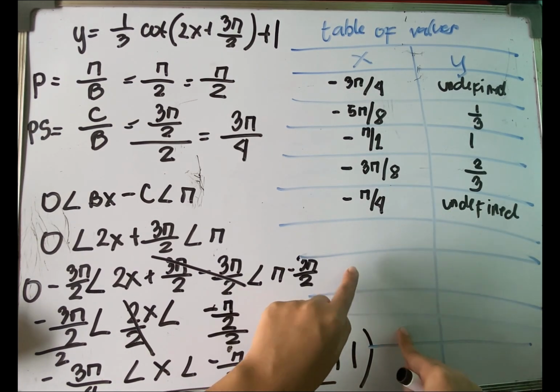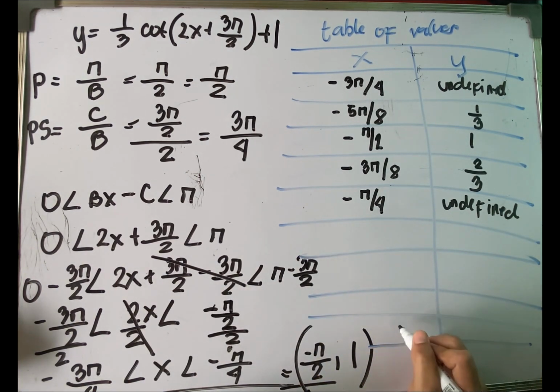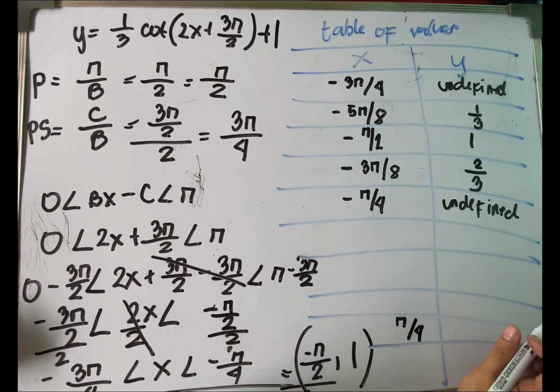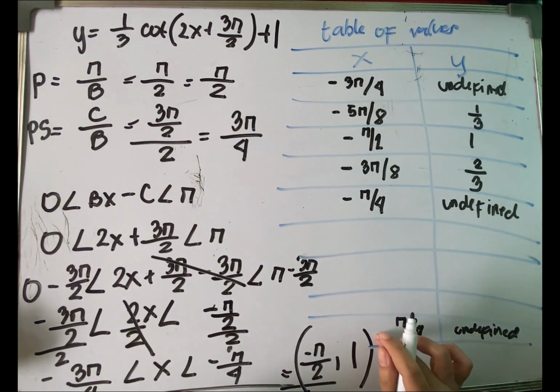We have to add pi over 8 again until we get our last asymptote, which is pi over 4. Then it is undefined since it's our last asymptote.